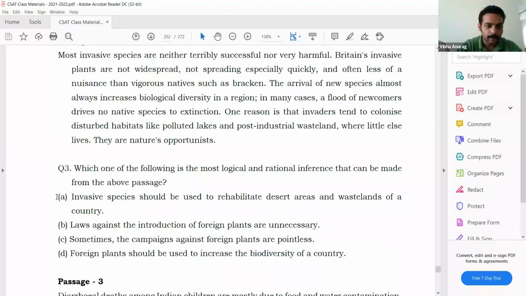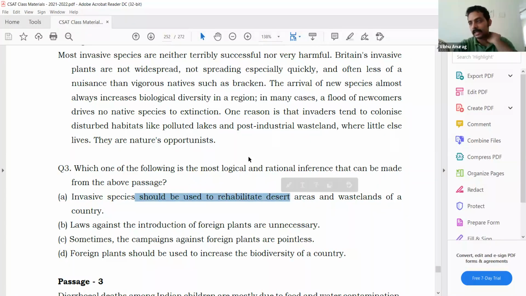Option A, invasive species should be used to rehabilitate desert areas and wastelands of a country. Now see, there is no such suggestion that has been made that these species should be used.